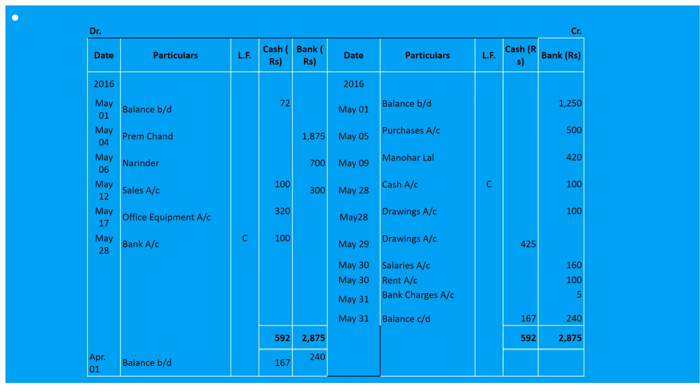So we will carry down the balance of both sides. That will be cash side 167 rupees and bank side 240 rupees. Fine. And it will be brought down on the first date of the next month, balance b/d 167 and 240. 167 in cash, 240 rupees in bank.